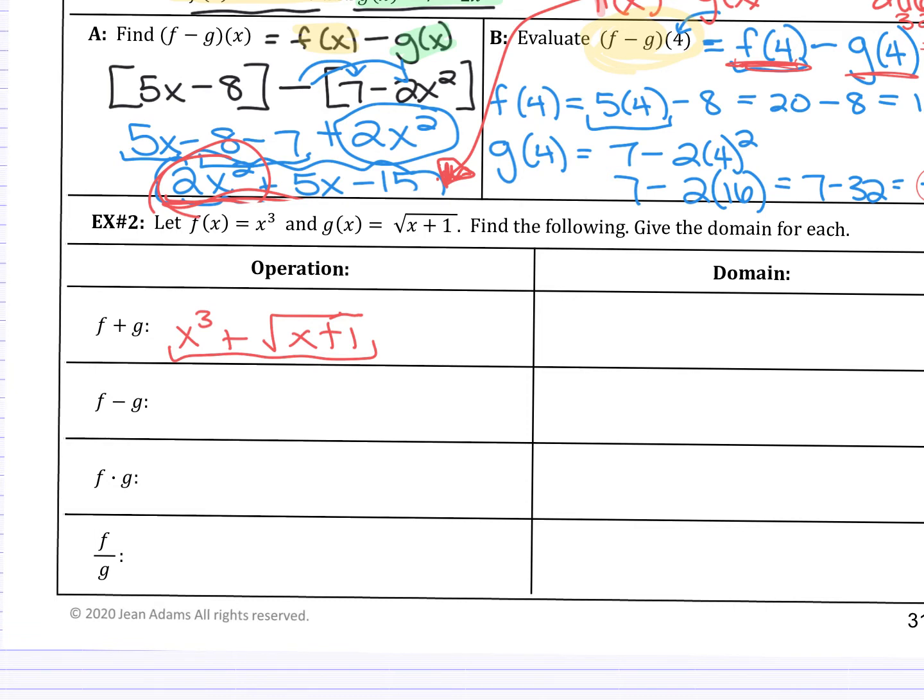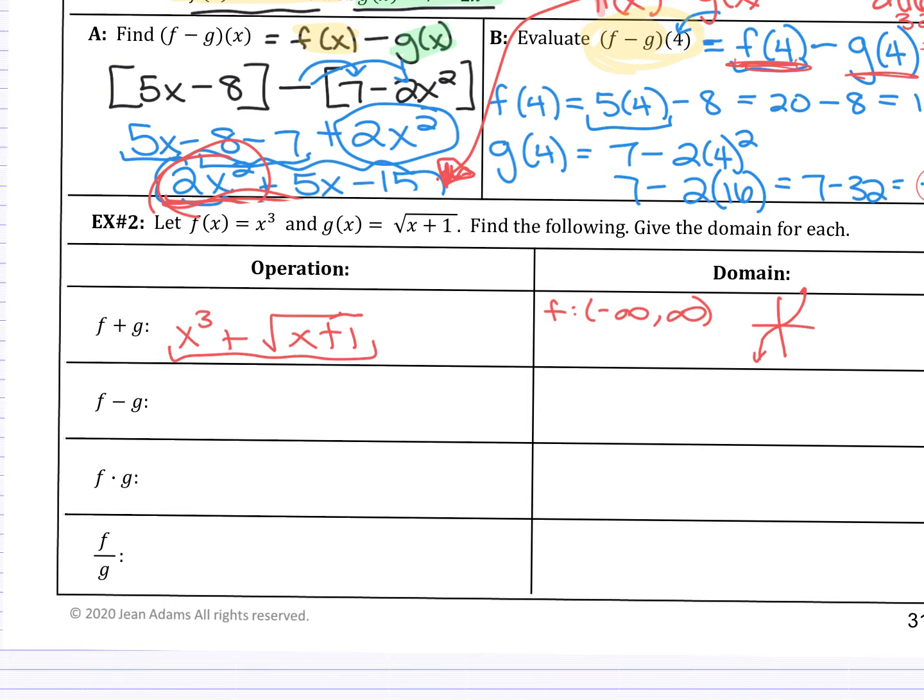Now if you look at that function, the domain for f is all real numbers. If I graph x cubed, it is a polynomial, and the graph of the function for f would be something like this. It goes from left to right infinitely.